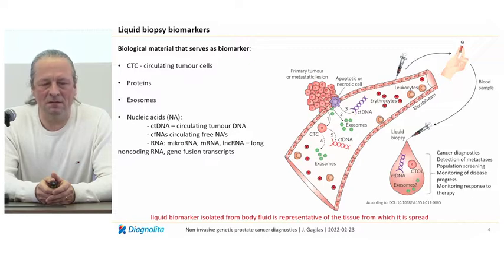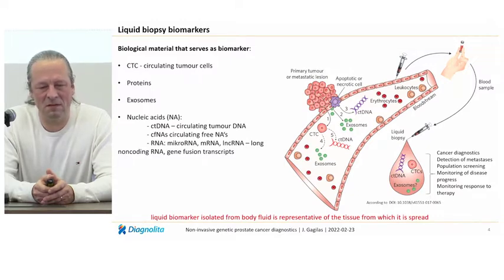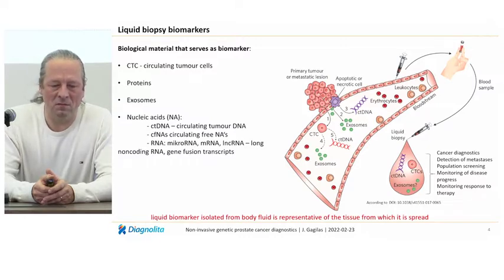The second thing is exosomes, small vesicles which are produced by healthy cells and also by tumor cells, and usually tumor cells produce many more exosomes. In body fluids we have huge amounts of exosomes, from tens of thousands, hundreds of thousands, and millions per milliliter of body fluid.